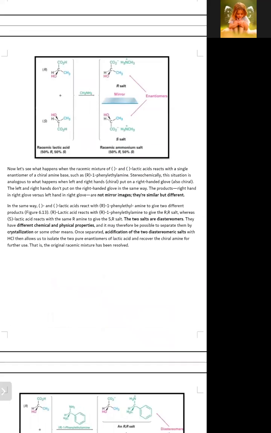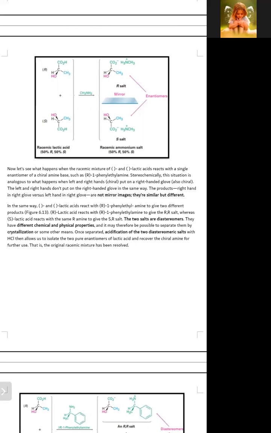This is the structure of racemic lactic acid, which contains 50% R configuration and 50% S configuration. When both R and S lactic acid molecules react in the presence of CH3NH2, they form the racemic ammonium salt.